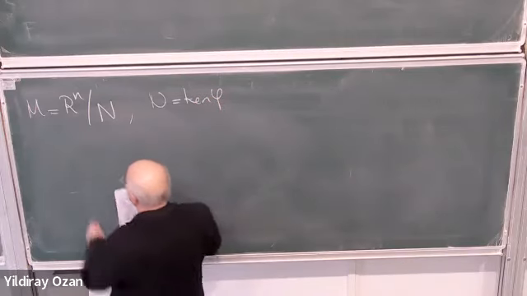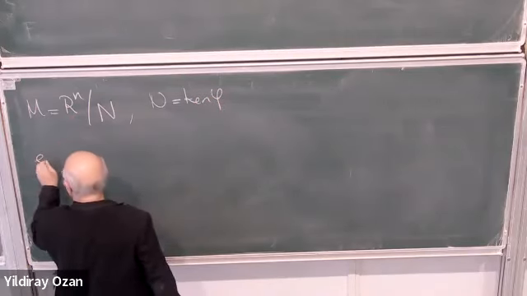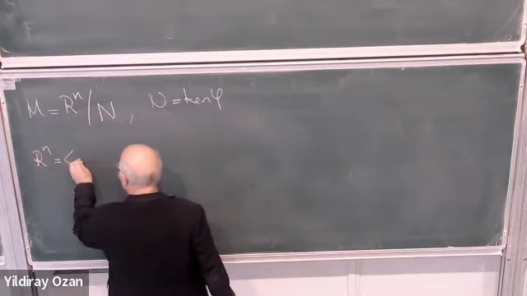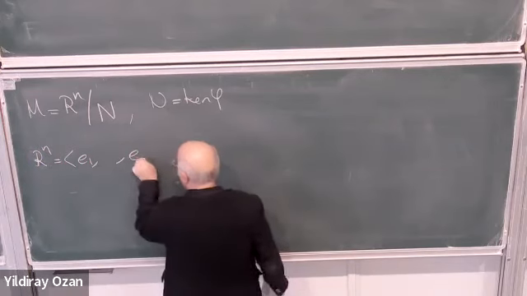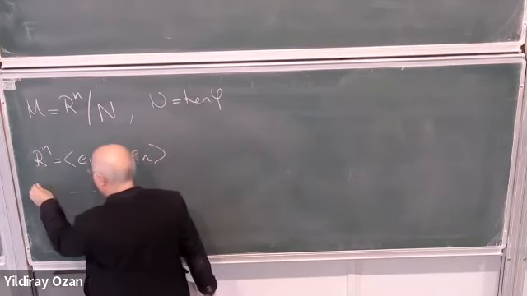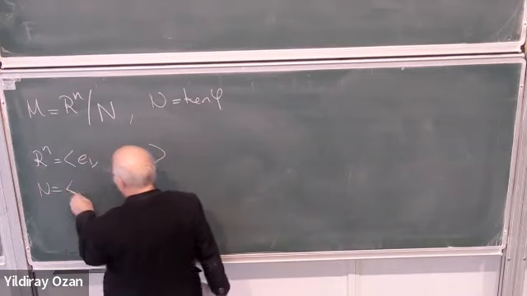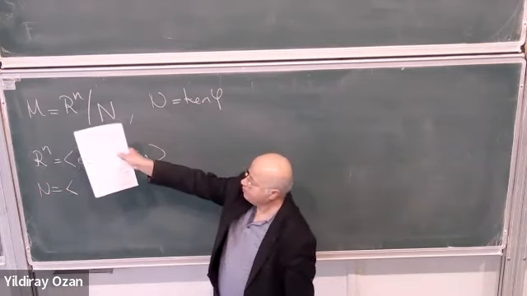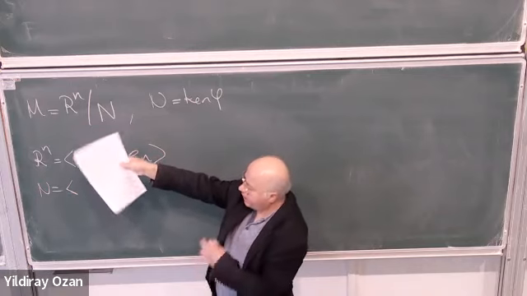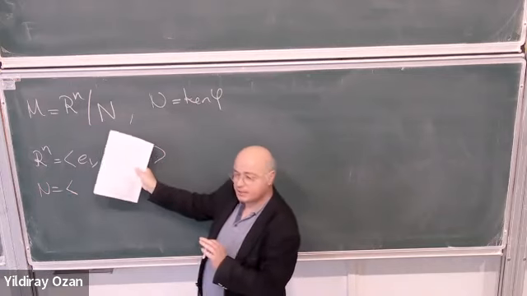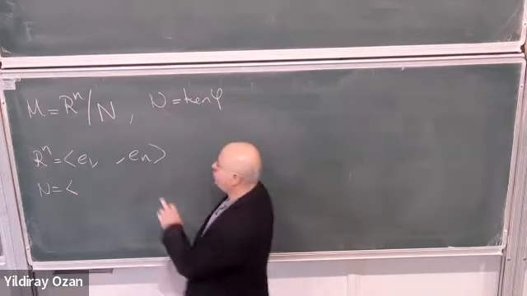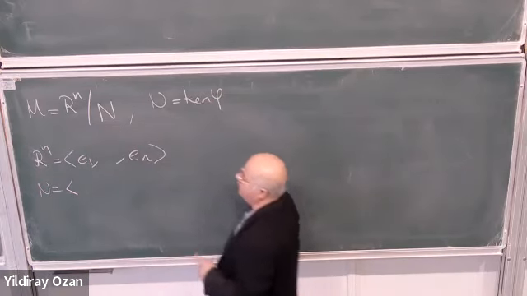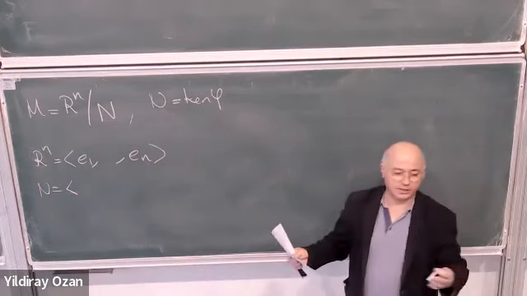And here R^n is generated by e_1 up to e_n, and K is generated by, well, in our example, K is generated by, again, 2 elements, but it is not clear a priori that this is even a finitely generated submodule.